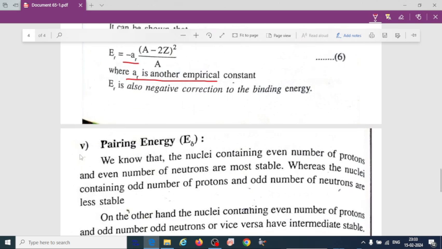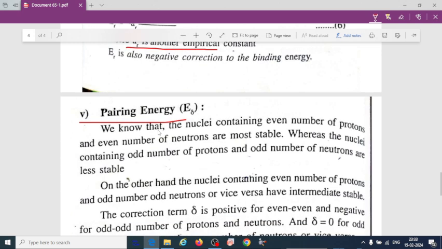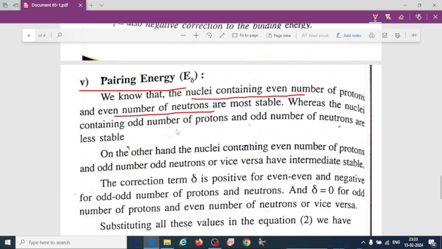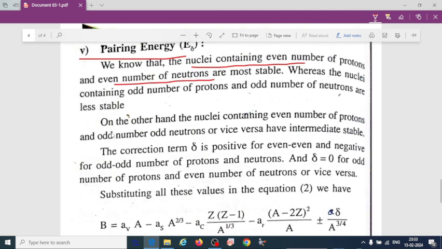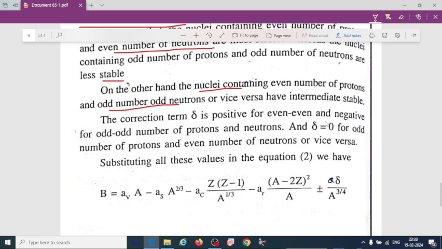For the fifth one, pairing energy. We know that nuclei containing an even number of protons and an even number of neutrons are more stable than those with an odd number of protons and an odd number of neutrons, which are less stable. On the other hand, nuclei containing an even number of protons and an odd number of neutrons, or vice versa, are of intermediate stability.